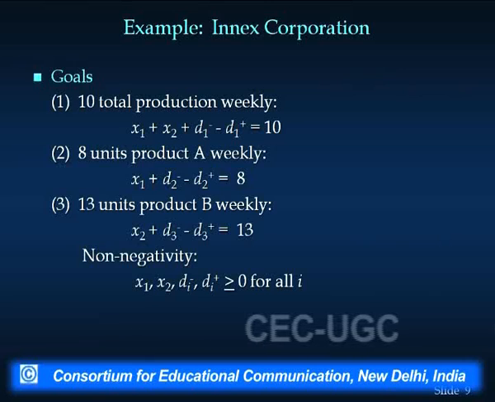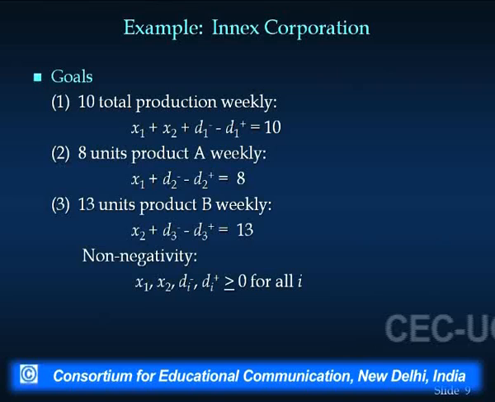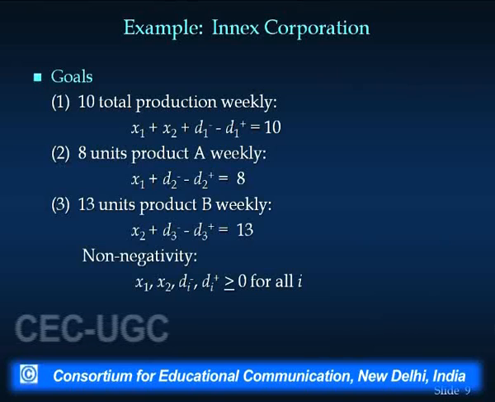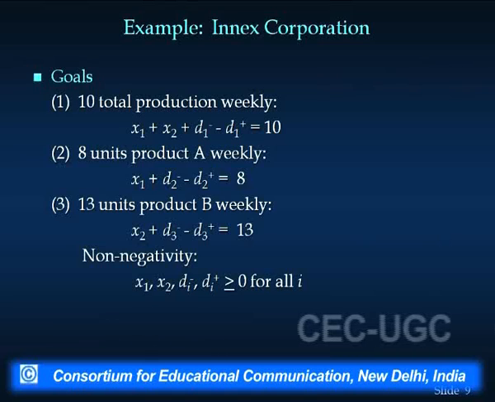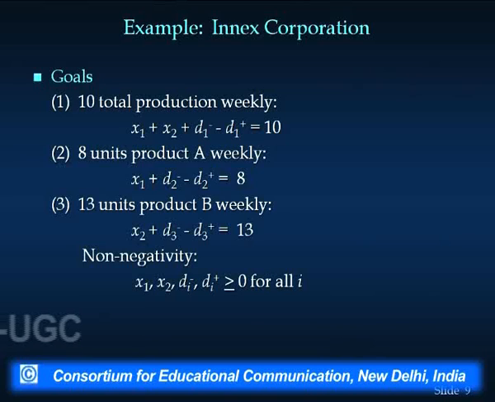Now the third priority is a goal for product B, and the figure is 13. So x2 plus d3 minus minus d3 plus is equal to 13, and these three equations take care of the three goals of different priorities.